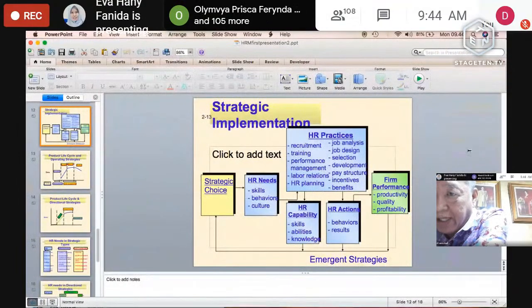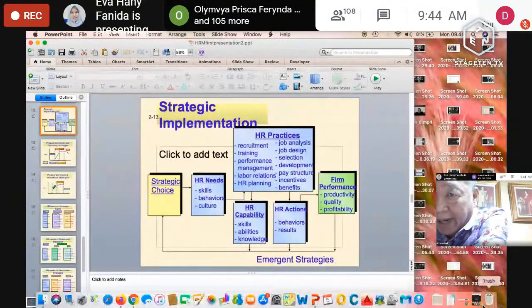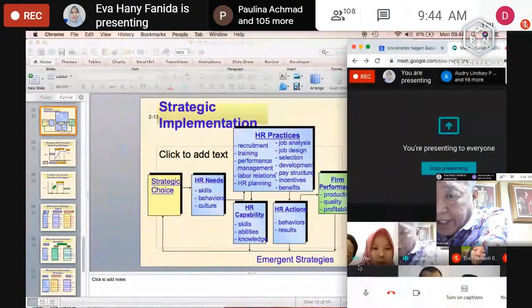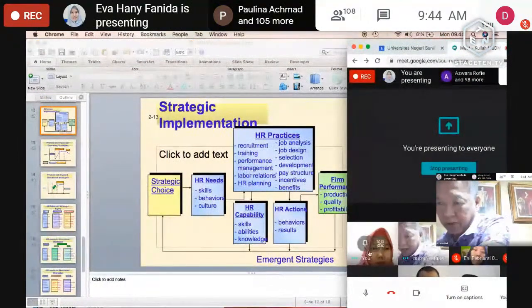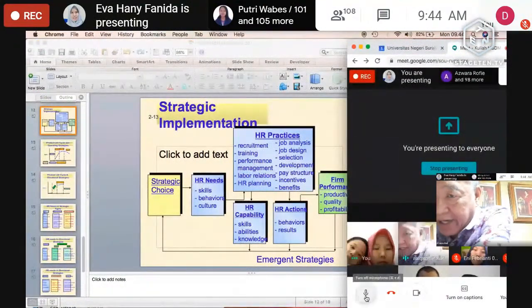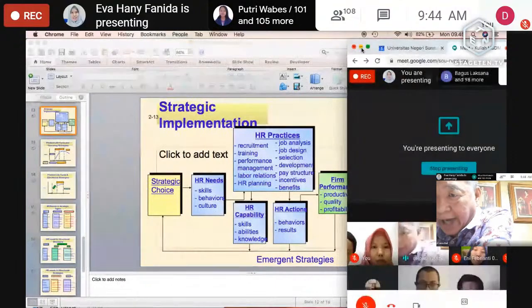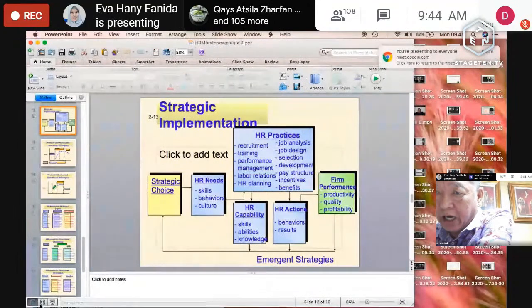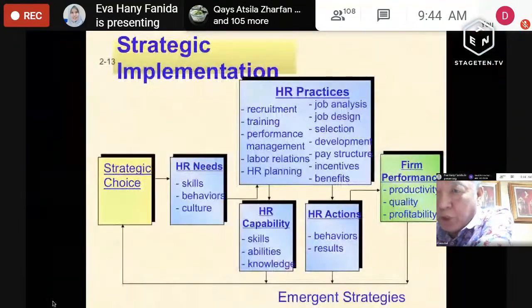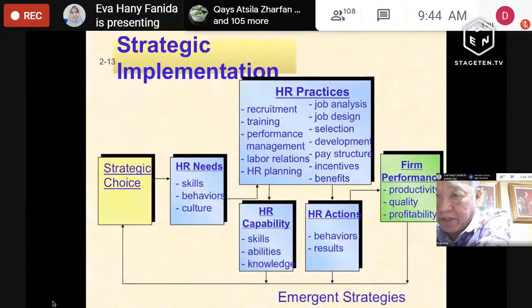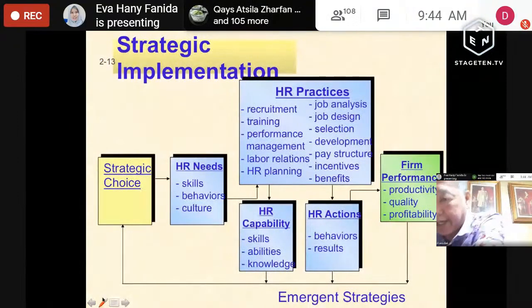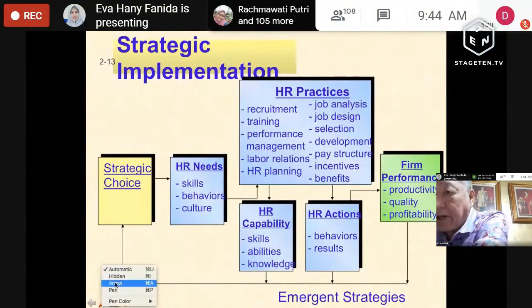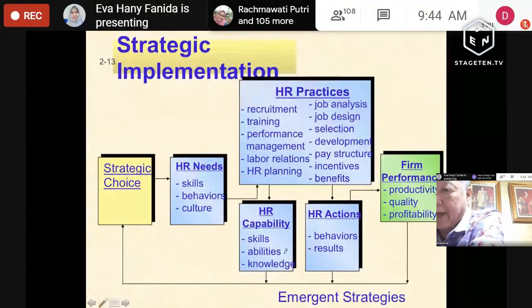At the same time, after going through the HR practice, you will get HR action as well. So what is the HR action? It means employees' contribution to the company, like the behavior they express and the results of their action.